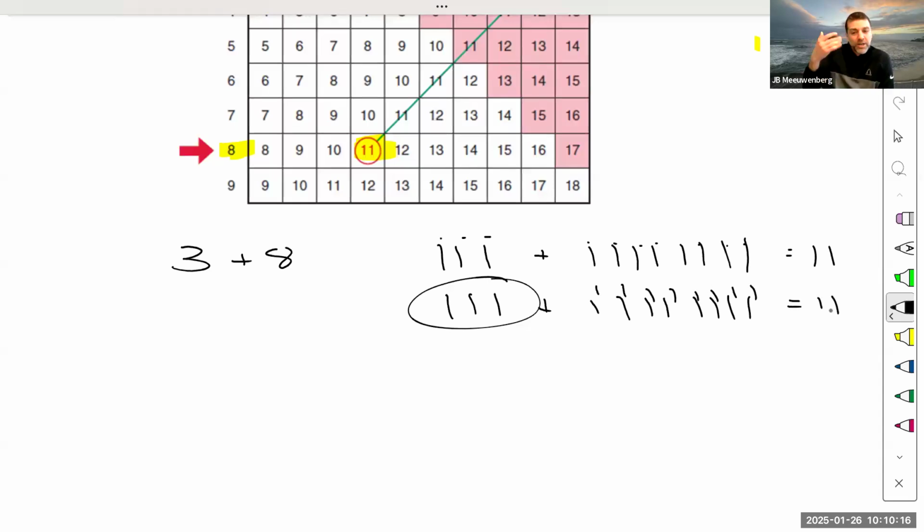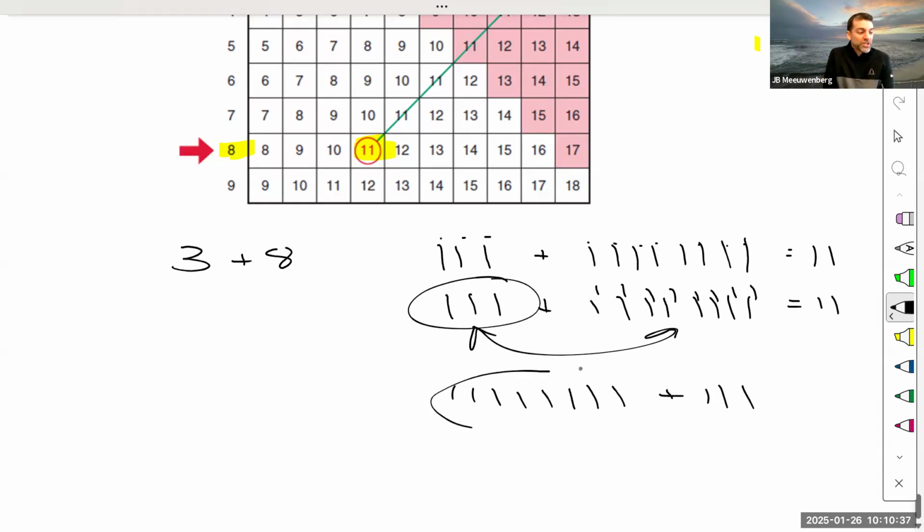That's a slightly higher level thinking strategy. And one thing you might consider with that one is it's a lot easier to do the count on strategy if you flip-flop these, if you start with a bigger number. If you start with 8, 1, 2, 3, 4, 5, 6, 7, 8, and have to add 3, you already start with 8, and then you only have to go 9, 10, 11.